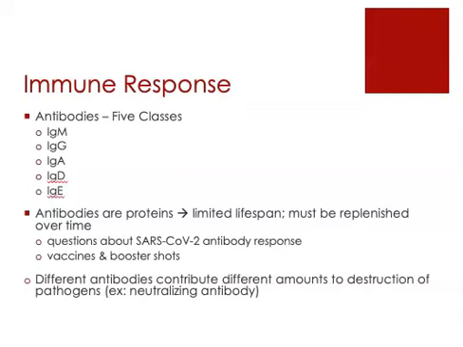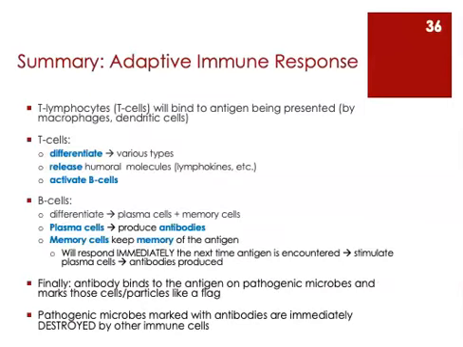And that's because, like the name suggests, neutralizing antibody is the kind of antibody that best helps eliminate pathogens like the SARS-CoV-2 coronavirus. Let's finish up with this summary of the adaptive immune response.